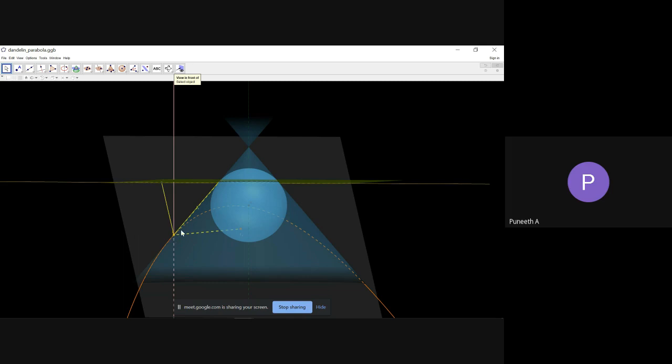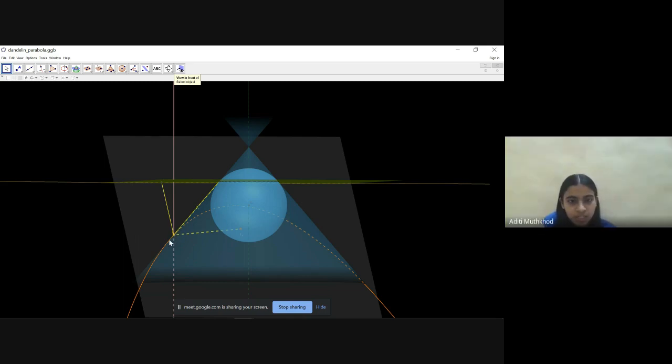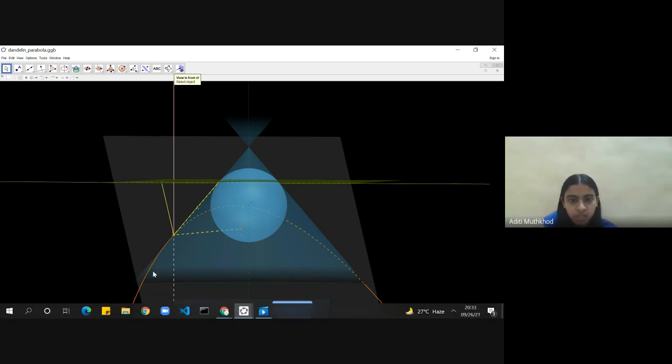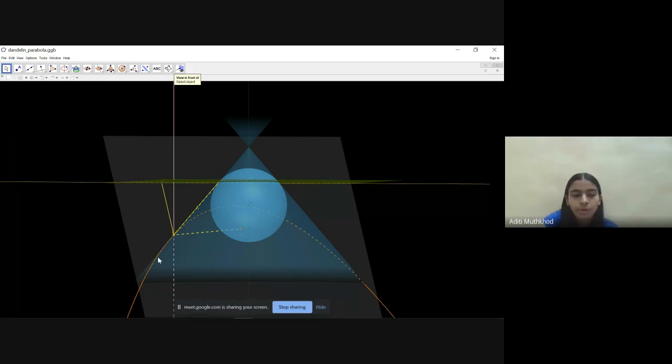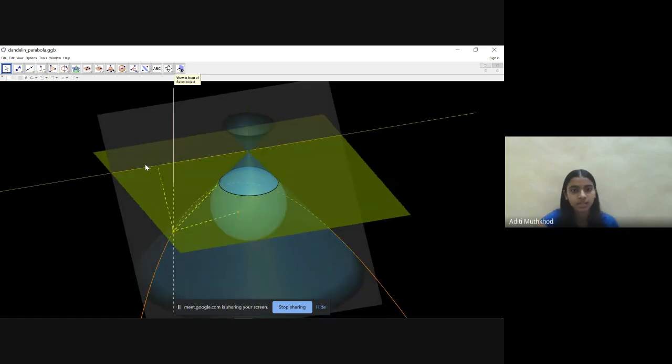Okay, so a parabola is defined as the locus of all points P such that PF1 is equal to the distance of P from a fixed line, the perpendicular distance of this point to this line.